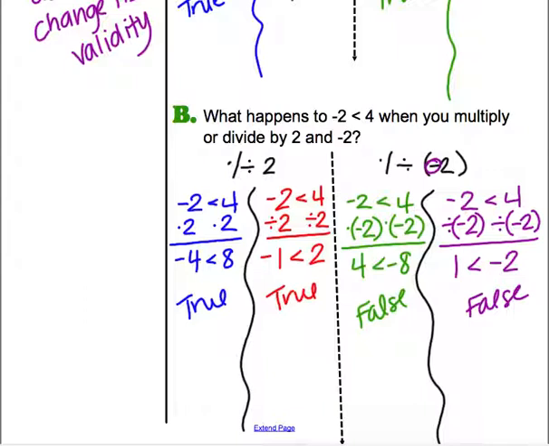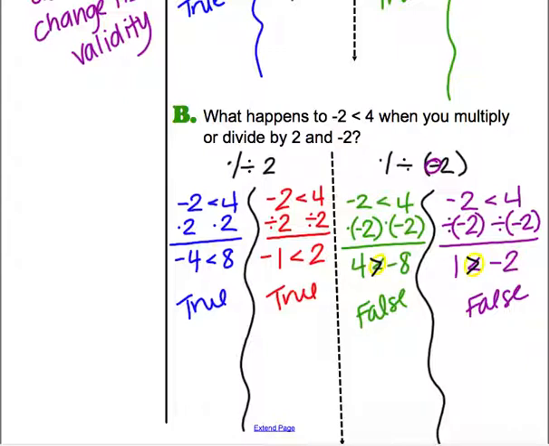So I'm going to guess that this negative here has something to do with that. Now, if I take this symbol here and I flip it, I now have 1 is greater than -2 and 4 is greater than -8, which makes it a true statement.